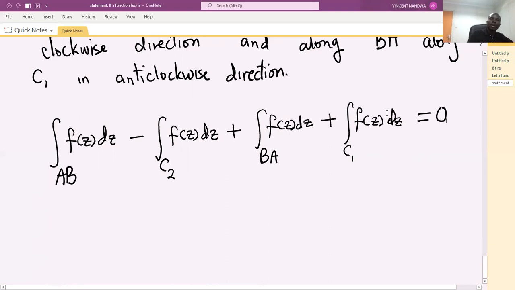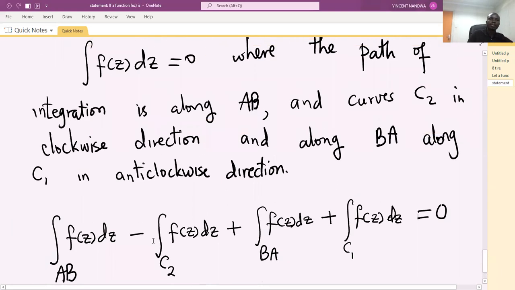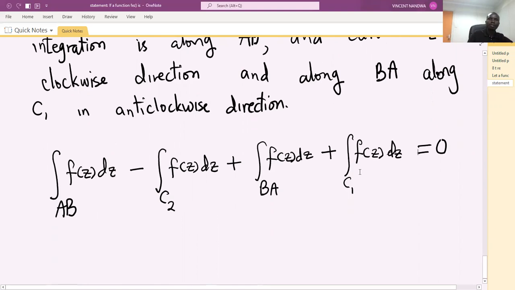Now, anti-clockwise direction is positive, then clockwise direction is negative. That's why you have a negative sign on C2 and a positive sign on C1.